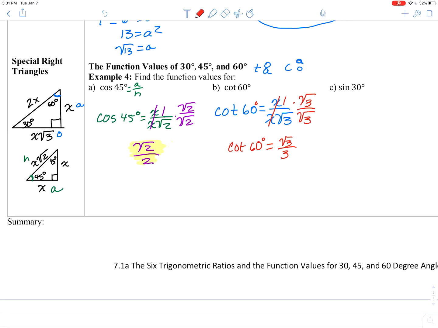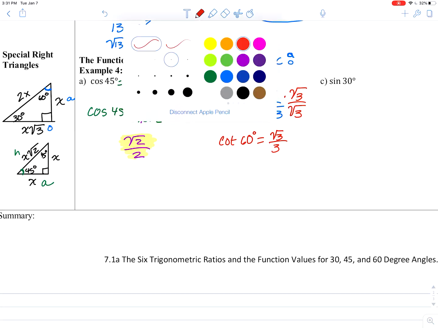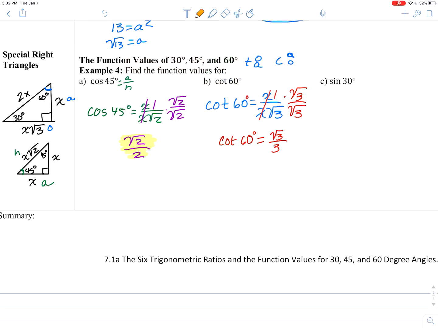Okay, last one, and then we're done. I'll grab one more color here. Let's see, I'll grab orange. Okay, so the sine of 30 degrees. So I'm going to come over here to the 30-degree angle, put my perspective there. Remember that sine is opposite over hypotenuse. So from the perspective of 30 degrees, the opposite side is x, and the hypotenuse is 2x.